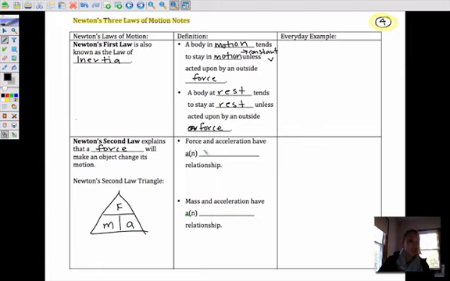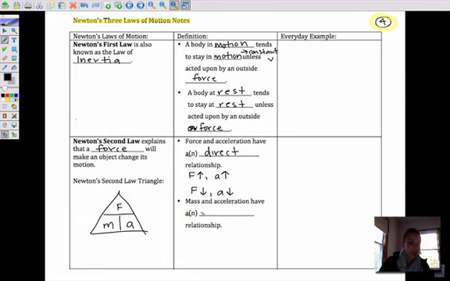Newton's second law says that force and acceleration have a direct relationship. This means that if force increases, so does acceleration. But if the applied force decreases or goes down, the acceleration will also go down. So they're doing the same thing.